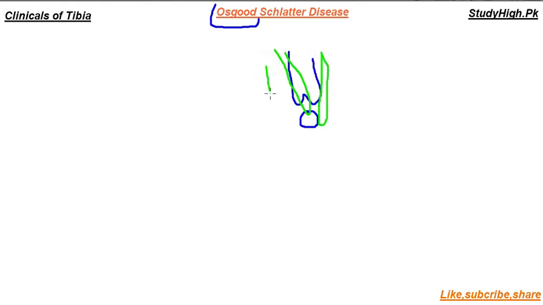From the insertions of these quadriceps, rectus femoris, vastus lateralis, vastus medialis, going forward, the patella forms a ligament with the tibial tuberosity that is present on the tibia bone. So here is your tibial tuberosity, and this ligament is called the ligamentum patellae that originates from the patella and inserts on the tibial tuberosity. So Osgood Schlatter disease is the inflammation of this ligamentum patellae.